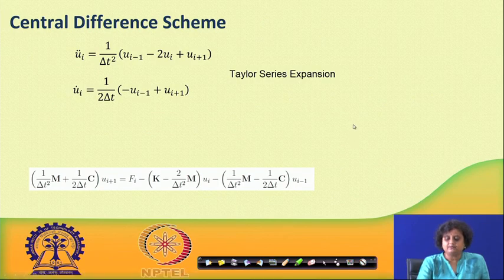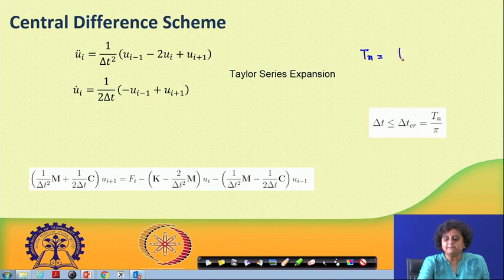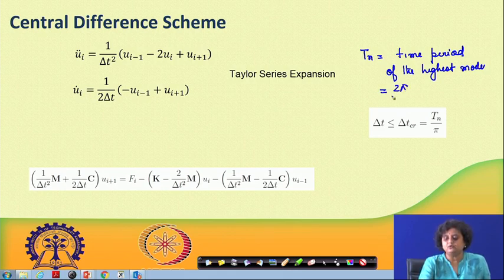Now, this system is conditionally stable, and the delta t that we have considered should be less than delta t critical, which is Tn by pi. What is Tn? Tn is the time period of the highest mode of the system. If it is a 5 degree of freedom system, then Tn is the time period of the 5th normal mode, that is 2 pi by omega n.